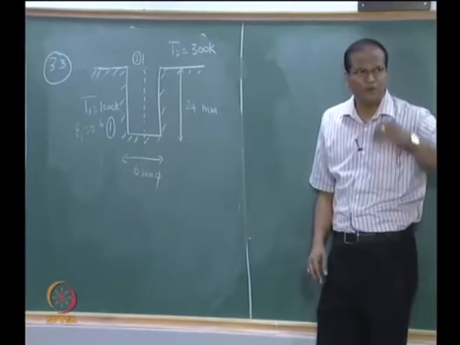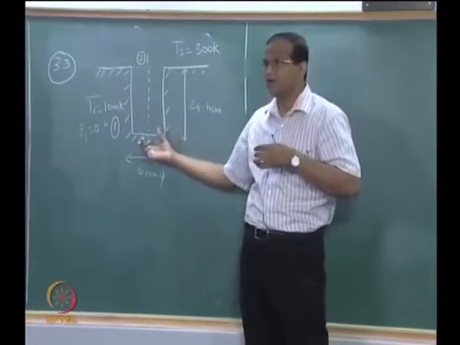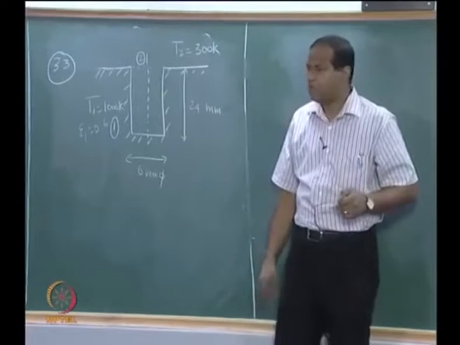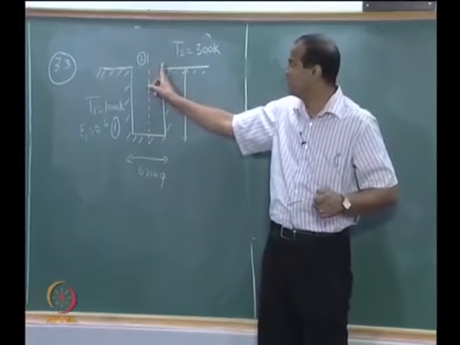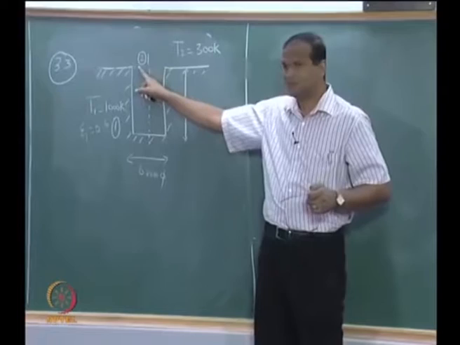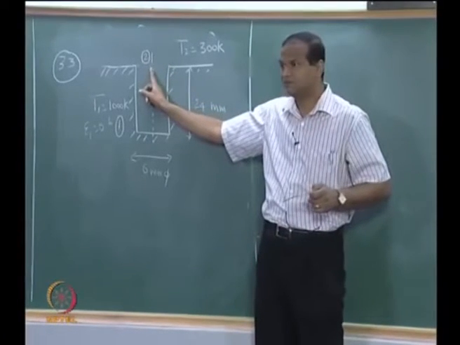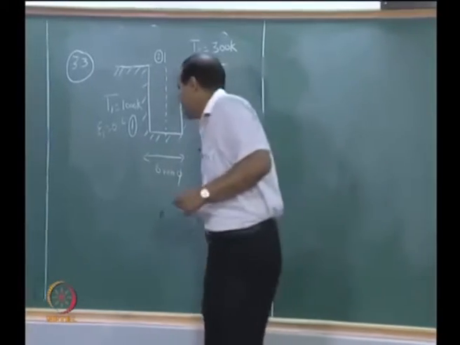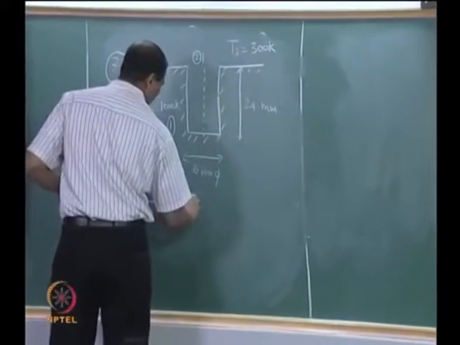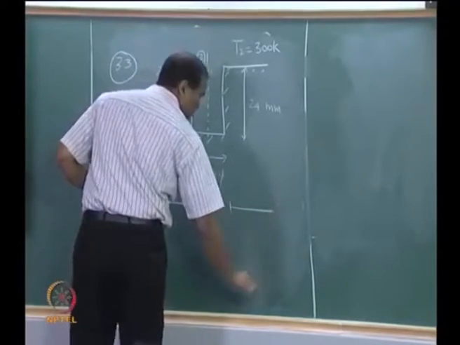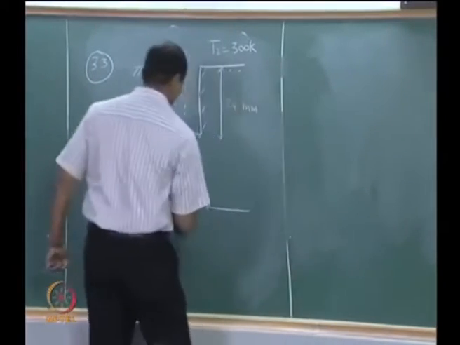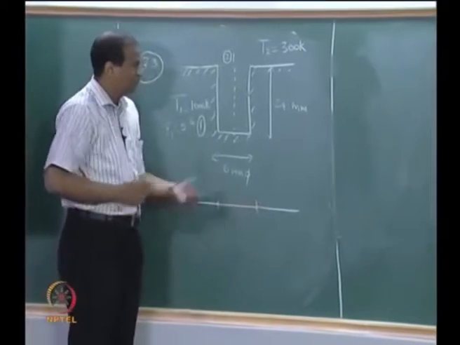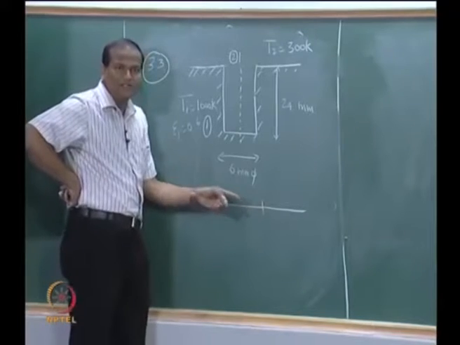But the beauty of this problem is, suppose this hole were not there, and you have this surface alone, you just have the surface 2, that is, you have something like this. This is basically a circle with a radius of 6 millimeters.